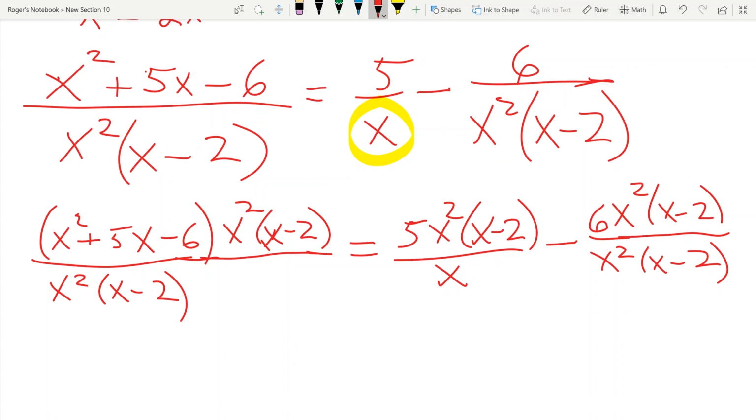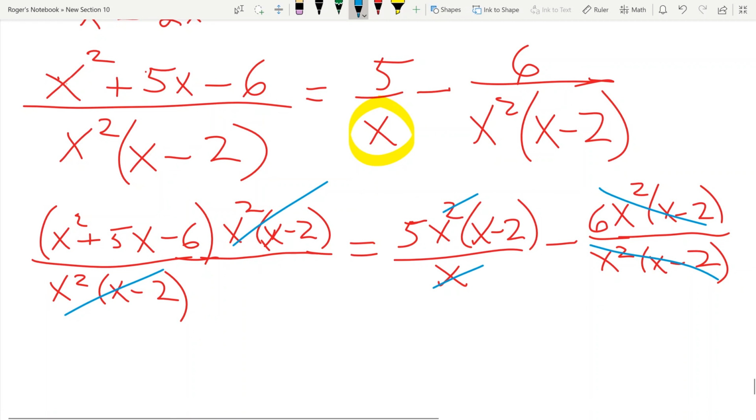Like this. Now what I can do is cancel out everything that I can cancel. I cancel this and this, I cancel this and this, and I'm just left with the 6 there. And in this other one, this x cancels the square, leaving me just 5x up above.